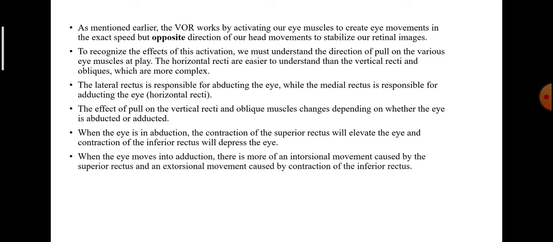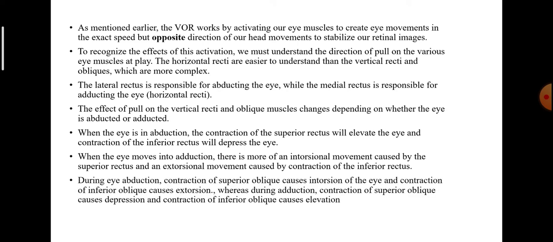When the eye moves into adduction, there is more of an intorsional movement caused by the superior rectus and an extorsional movement caused by contraction of the inferior rectus. During eye abduction, contraction of superior oblique causes intorsion of the eye and contraction of the inferior oblique causes extorsion, whereas during adduction, contraction of the superior oblique causes depression and contraction of the inferior oblique causes elevation.